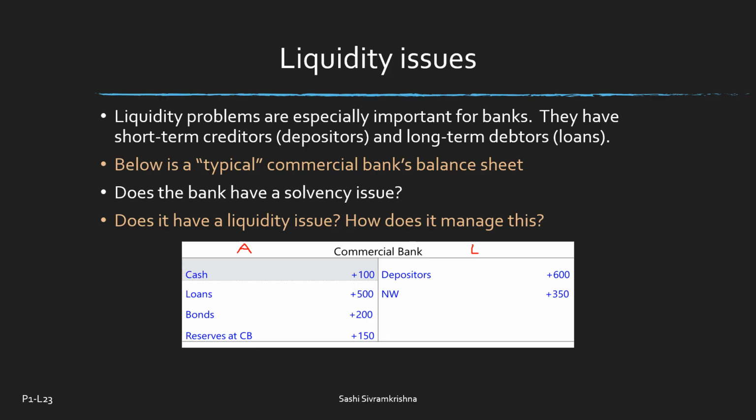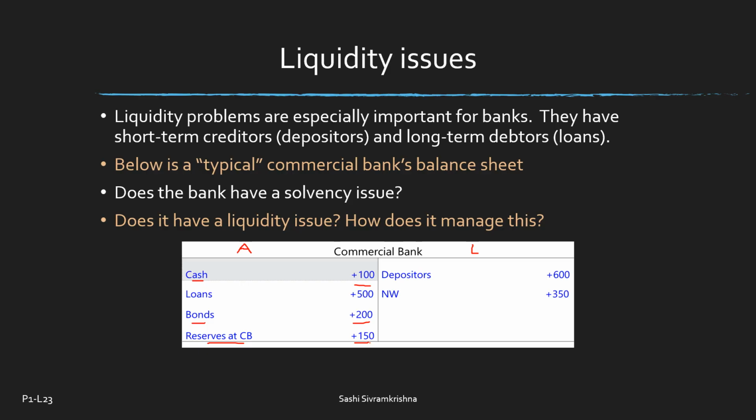Does the bank have adequate assets which can yield cash so as to meet the desires of the depositors? It has 100 rupees in cash, it has bonds of 200, and it has reserves at the central bank of 150, which can be converted into cash on very short-term notice to the central bank.